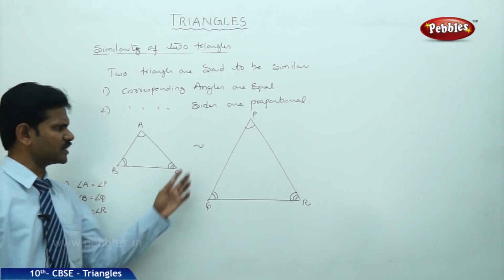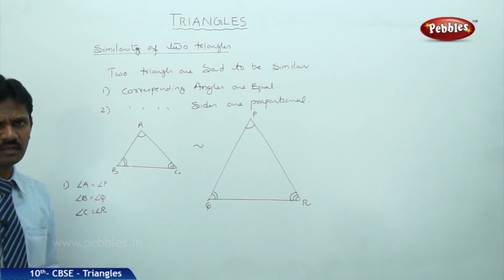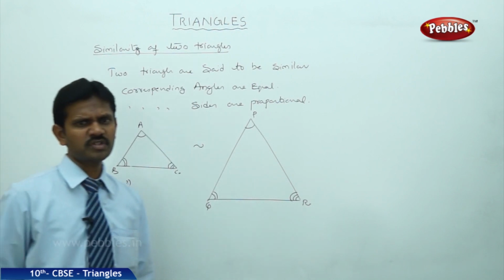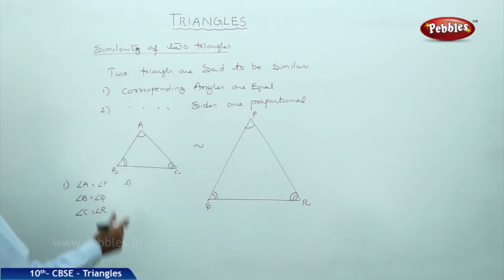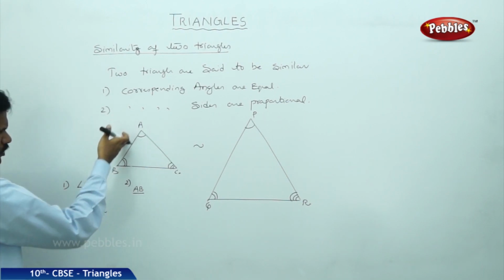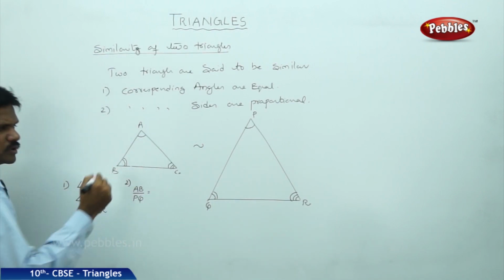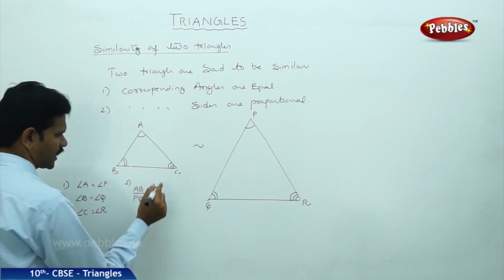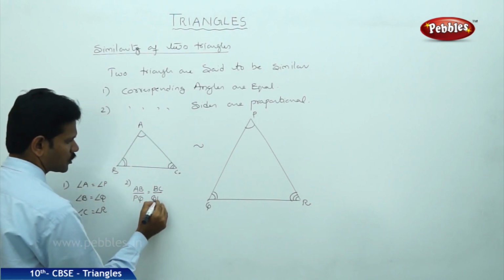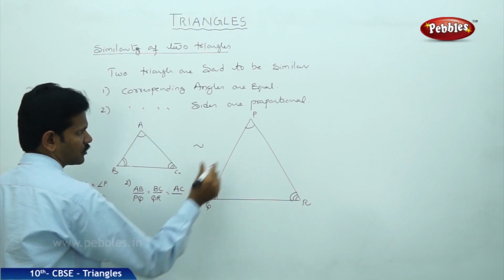That is, two triangles are said to be similar. Condition number 1 is corresponding angles are equal. Number 2, corresponding sides are proportional. What is meant by corresponding sides? AB by its corresponding side PQ is equal to BC by QR equal to AC by PR.